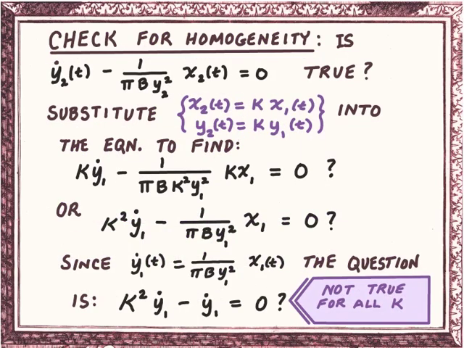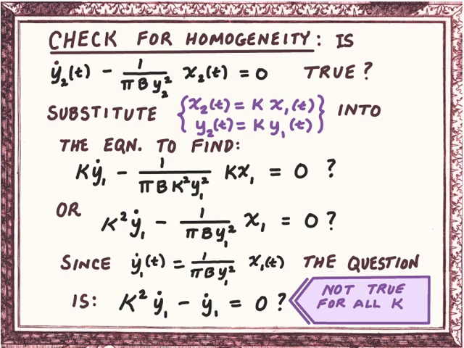So we ask the question, does y2 dot minus 1 over pi b y2 squared times x2 equal 0? We'll substitute in x2 equals kx1, y2 equals ky1. Then we'll perform some algebra to simplify and plug in the equation y dot equals 1 over pi b y1 squared times x1.